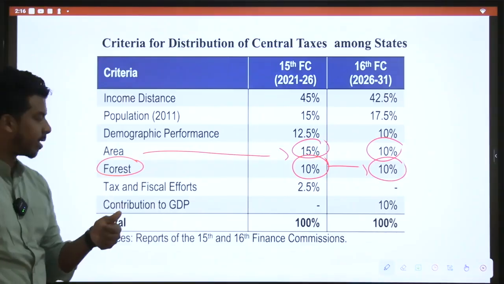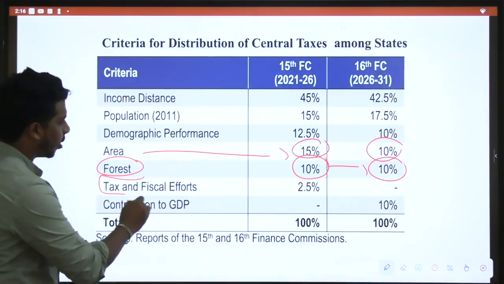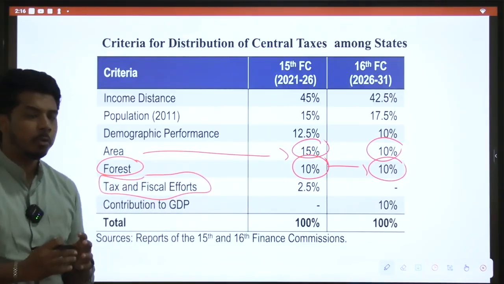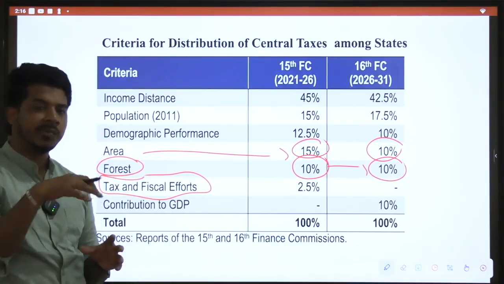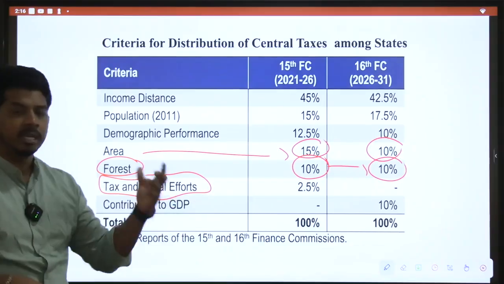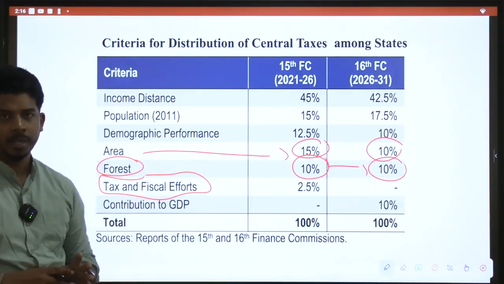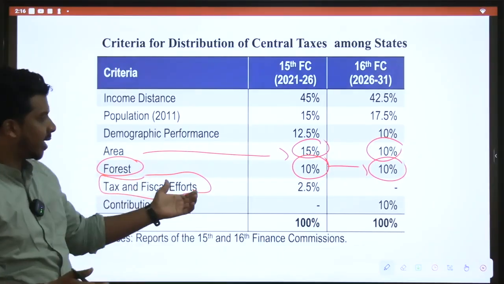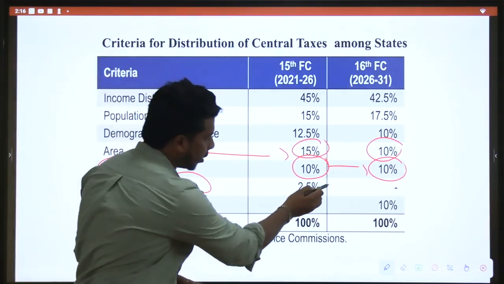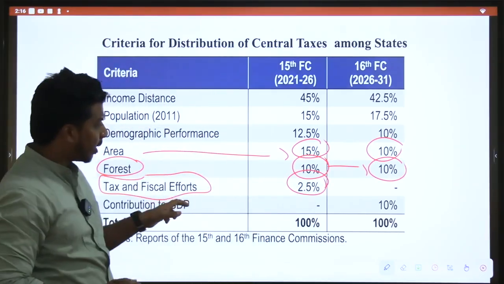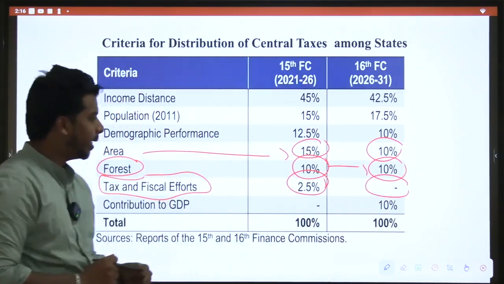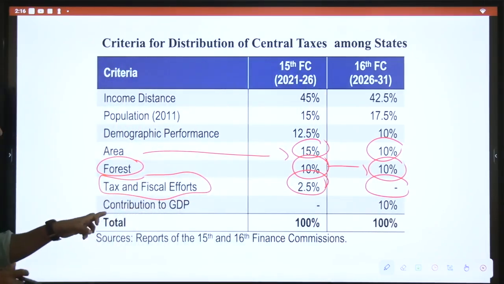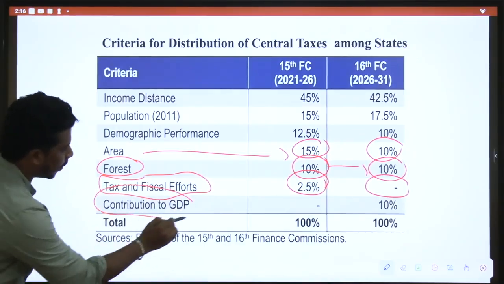Then the 15th Finance Commission had set up a parameter called tax and fiscal efforts. How much effort are states putting into increasing tax? How much effort are they putting into controlling their fiscal deficits, etc.? The tax and fiscal efforts were given some incentive by the 15th Finance Commission, but this component was removed by the 16th Finance Commission. Instead, it has created a new component called contribution to the GDP.